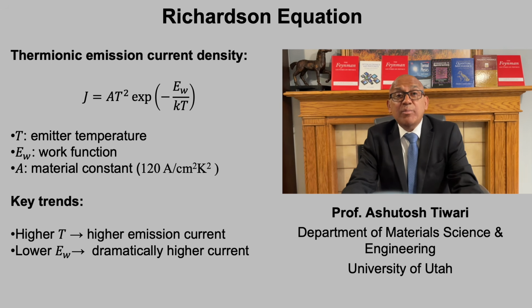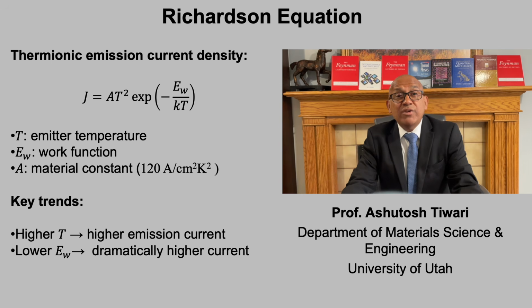From an SEM operation standpoint, this relationship is critical. The electron source must supply adequate current while maintaining beam stability and reasonable emitter lifetime. Lower operating temperatures reduce thermal stress, improve stability, and extend emitter lifetime.